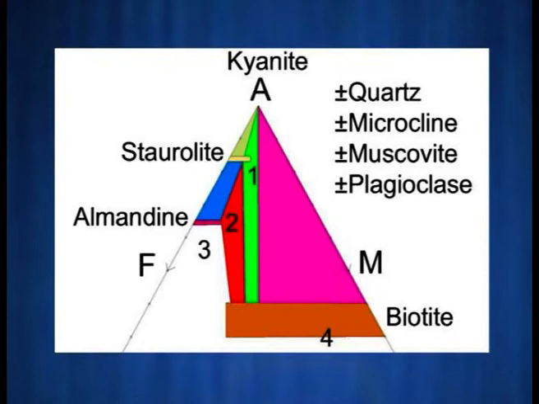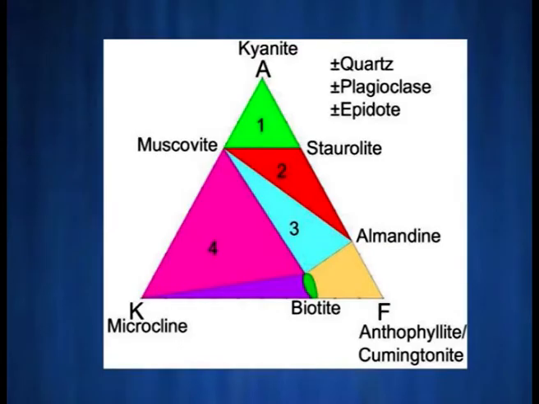Now, fourth assemblage is kyanite, staurolite, biotite, muscovite, microcline, plagioclase, plus minus quartz, also known as kyanite, staurolite, biotite schist. Fifth assemblage is kyanite, biotite, muscovite, microcline, plagioclase, quartz, also known as kyanite, biotite schist.